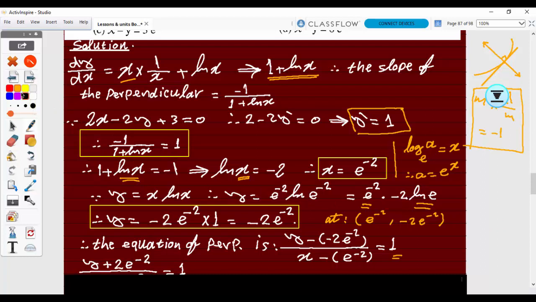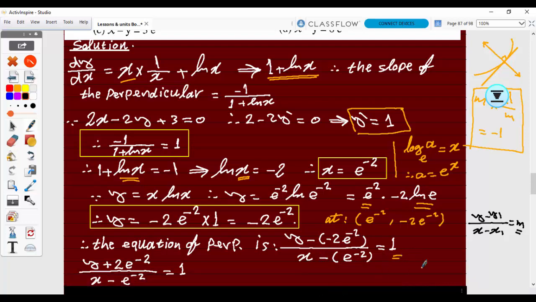The equation of any straight line is (y minus y1) over (x minus x1) equals m, where x1 and y1 are the point of tangency and m is the slope. Here the equation of the perpendicular is (y minus (-2 e power -2)) over (x minus e power -2) equals 1.